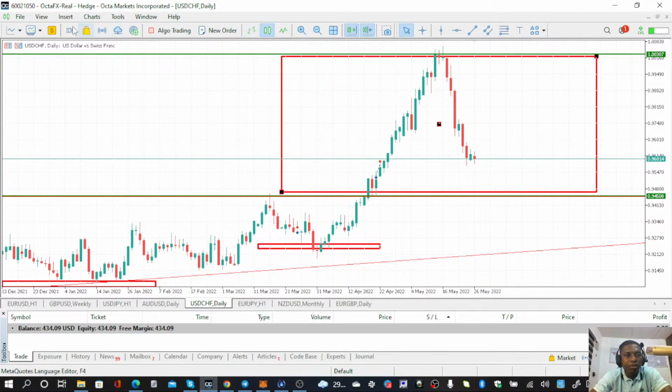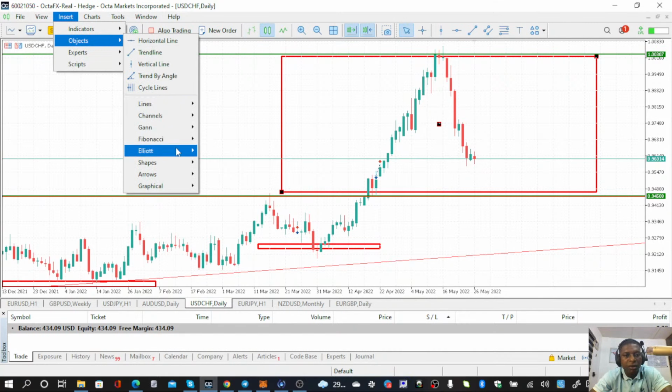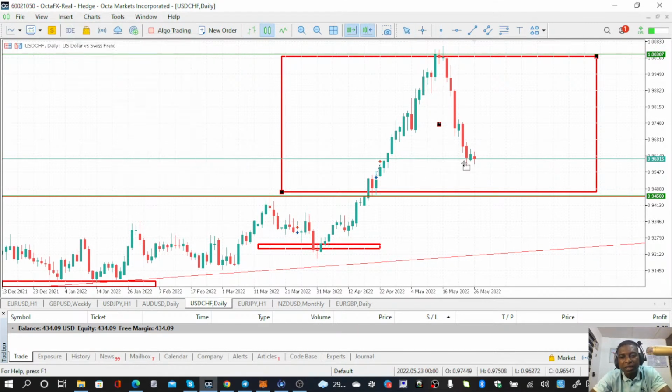Let me bring in another triangle so you can see. Because price is creating a choppy movement here, it's becoming obvious that there is a resistance being formed at this level.